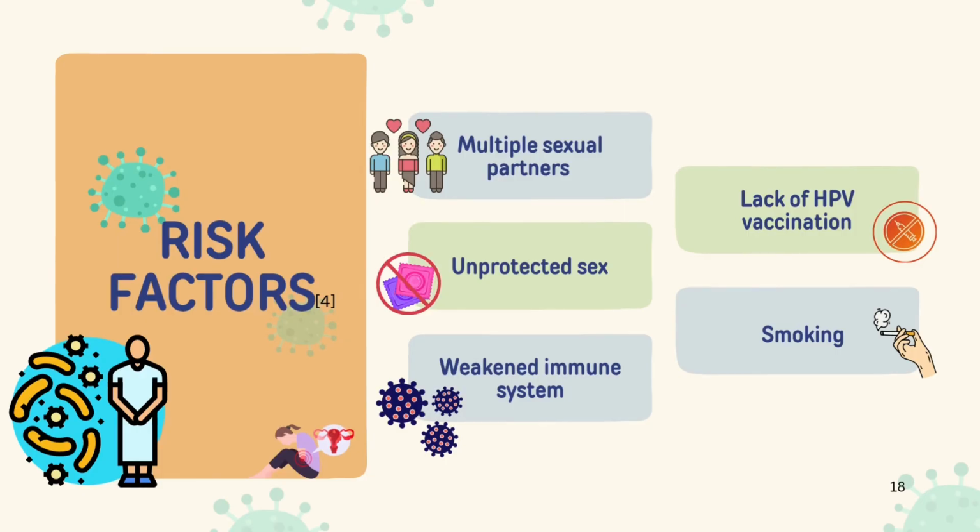Next, a person who has not received the HPV vaccine is not protected from the virus, especially the high-risk types. Lastly, smoking. Smoking damages the cells in the cervix with toxic chemicals that concentrate in cervical mucus and weakens the local immune response, allowing HPV to stay longer.